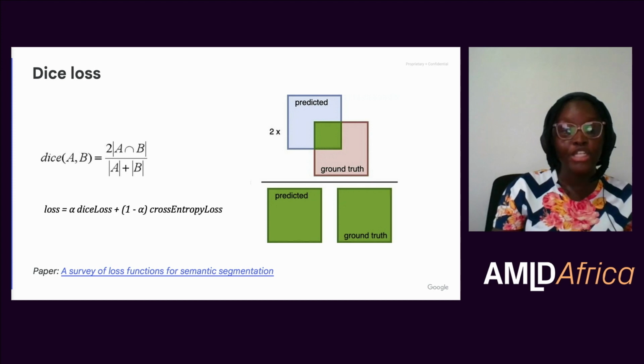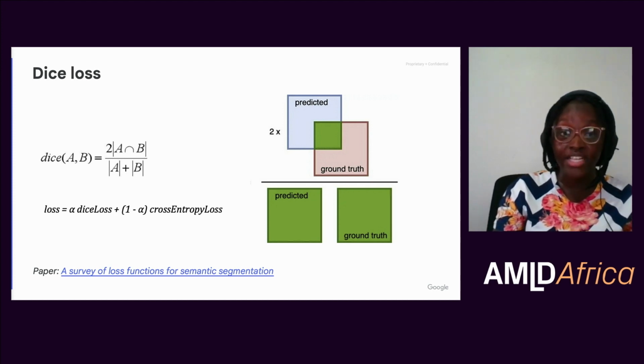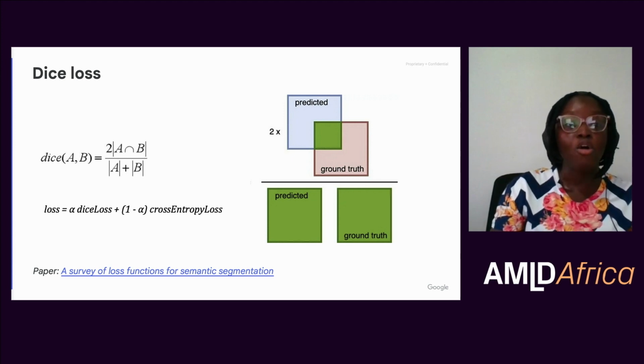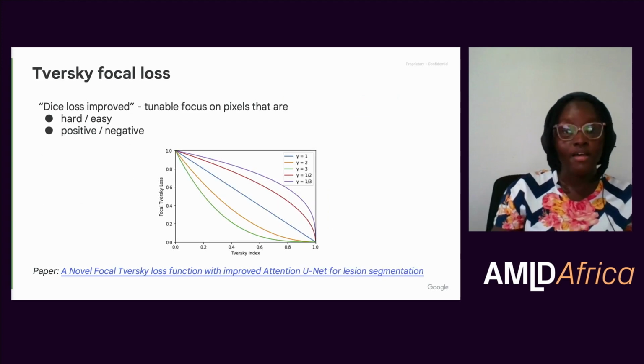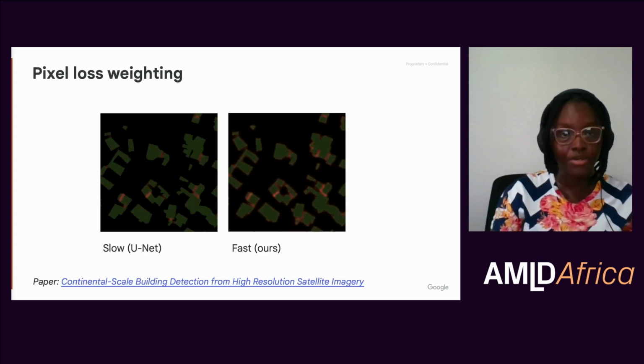However, we were interested in penalizing, to a certain extent, false positives and false negatives detected by a model, and also control how the hard or easy examples were predicted, and the Tversky focal loss was helpful in this. And so with tunable parameters, we managed to achieve what we desired from our detection model.